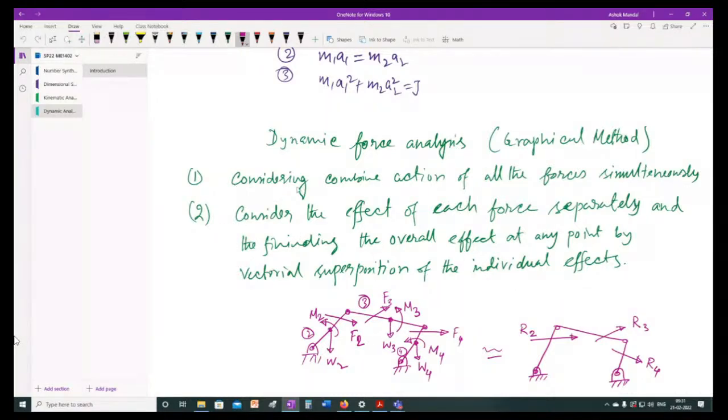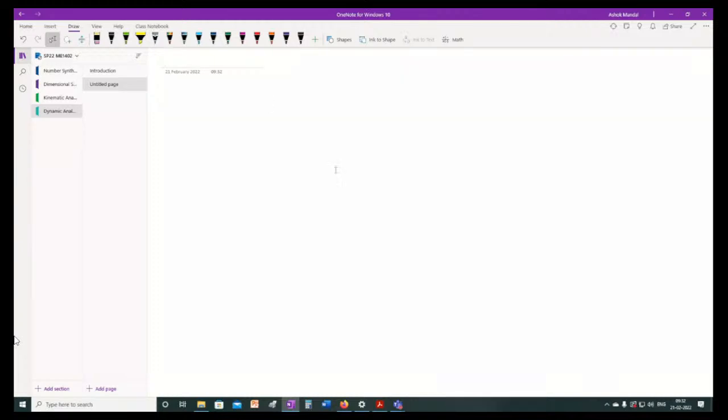So first we will discuss this method. This is our lecture on dynamic analysis. First we will discuss this graphical method.